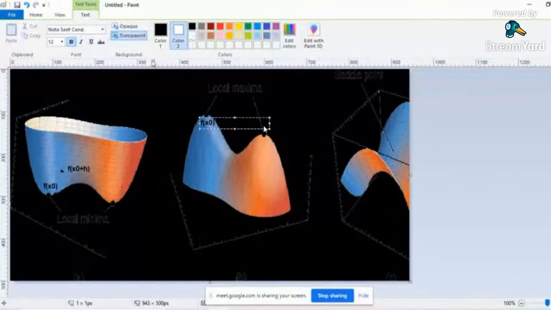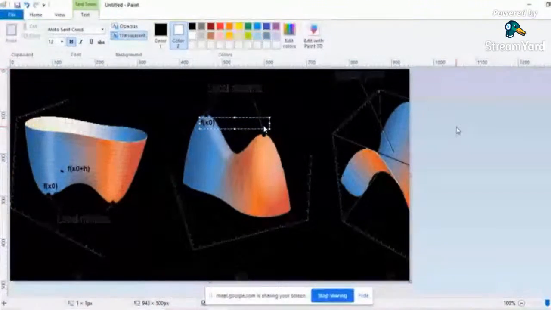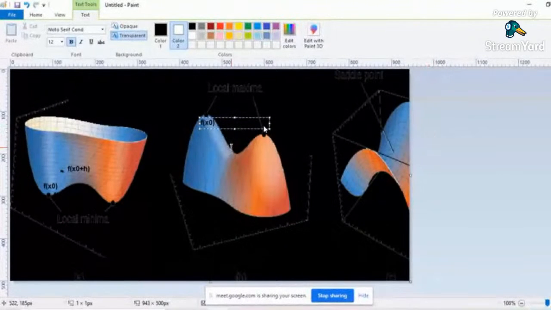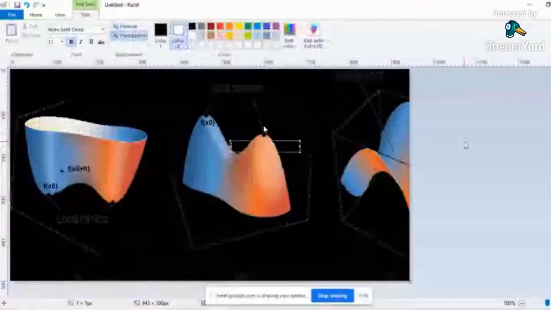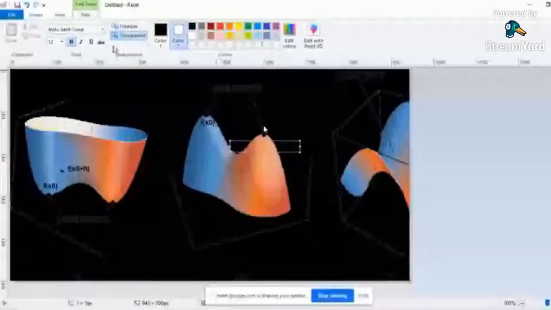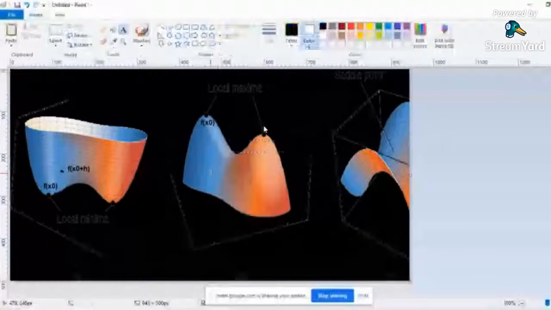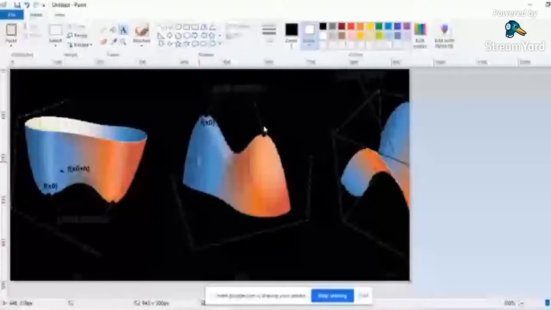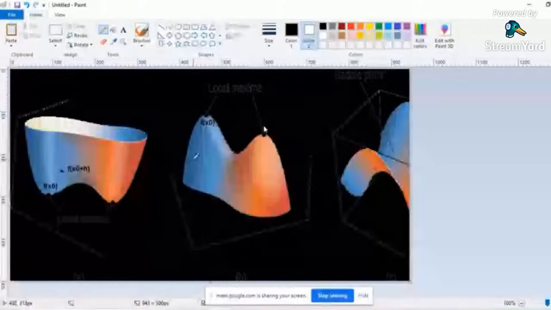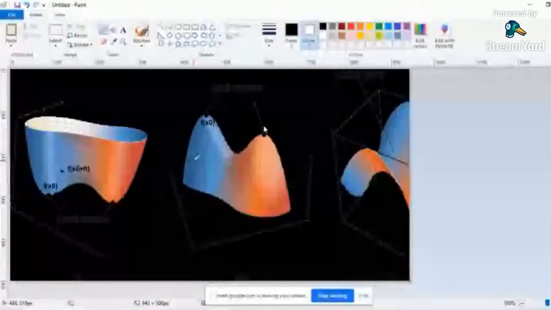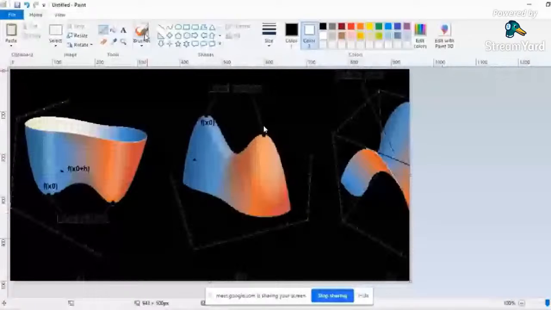Similarly, suppose this is the point f of x naught, and suppose we are considering another point x naught plus h, and this is the location of f of x naught plus h.